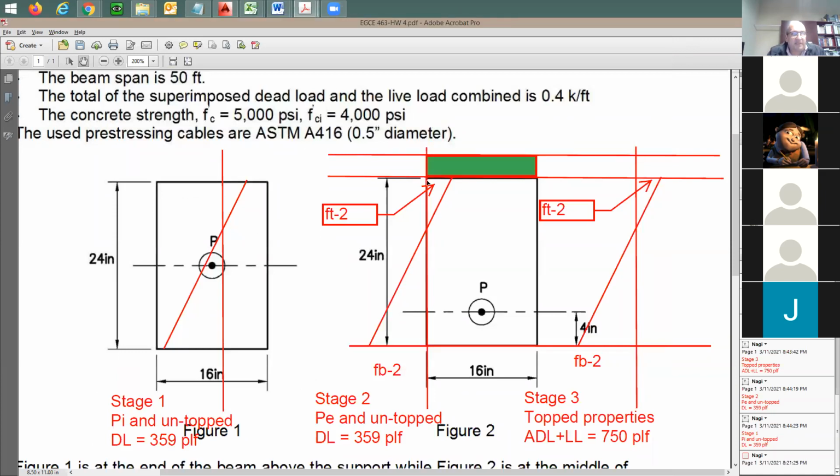Now, this stress, the top and bottom, is locked in, the two values, right? Now I bring here the new load, and then I can find out the moment due to this additional dead load and live load divided by S top and bottom for the top properties. Now the question is, how can I add it here?